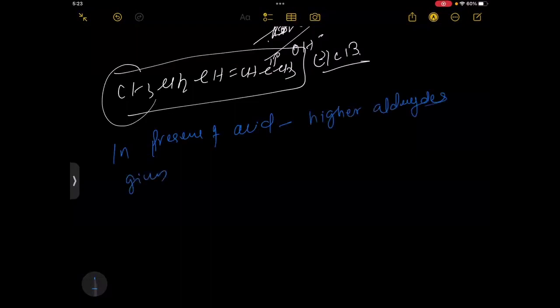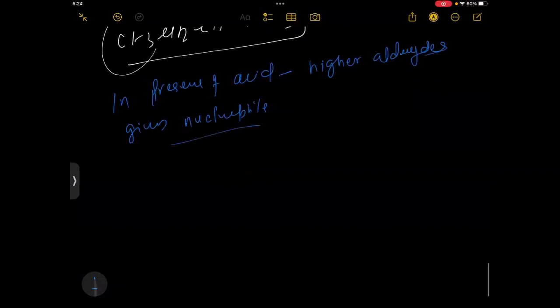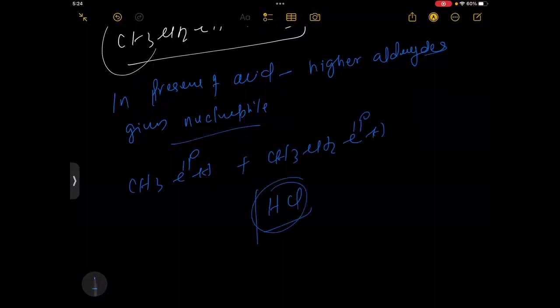Why? See, the same example we are taking here: CH3 C double bond OH, and the other compound CH3 CH2 C double bond OH. Okay, we have taken the acid. Now tell me, in the acid, which will act as a nucleophile, which is more basic. So it is more basic.